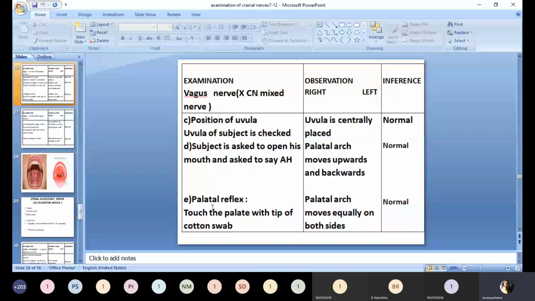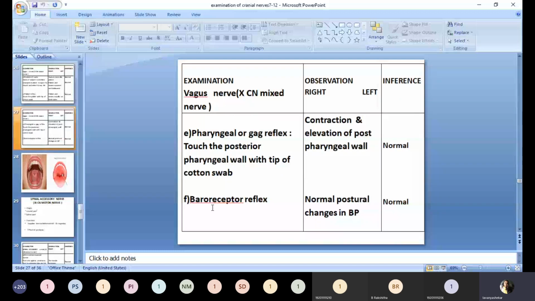Also the pharyngeal or the gag reflex. Here you can see the contraction and elevation of the posterior pharyngeal wall. If there is contraction and elevation of the posterior pharyngeal wall, then the inference will be normal. But if there is a lesion to the vagus nerve, then you won't be able to see the contraction and elevation of the posterior pharyngeal wall.